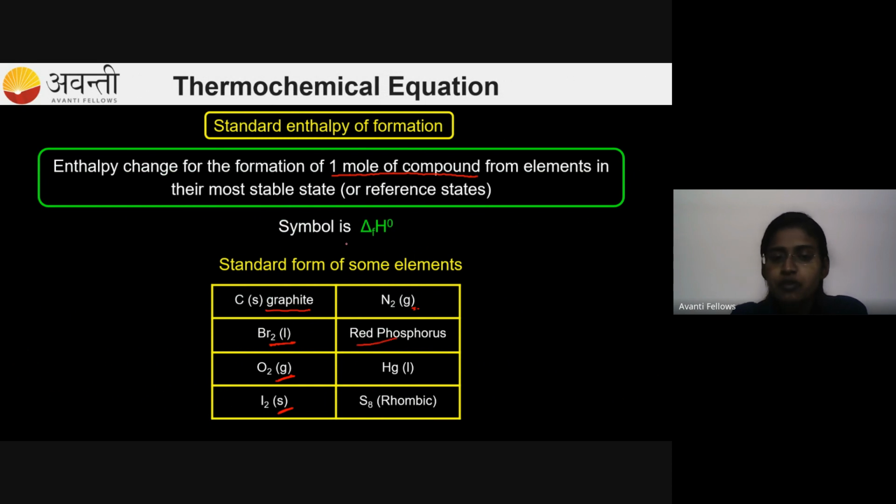For mercury, it is liquid. For sulfur, we have two different types, but rhombic sulfur is the standard form. So when 1 mole of a compound is formed from its constituent elements in their standard state, the energy change accompanying that is called the standard enthalpy of formation.